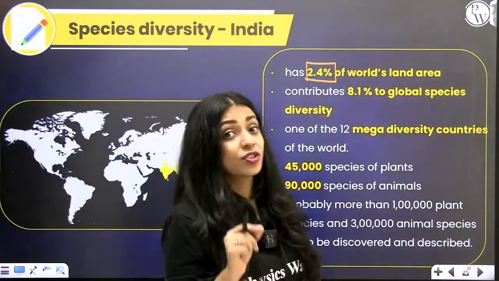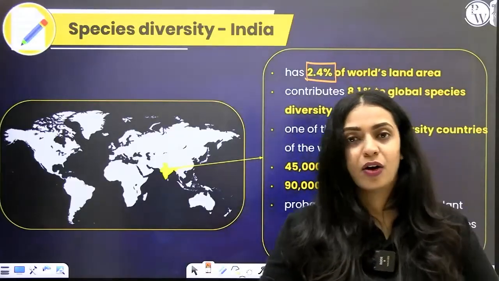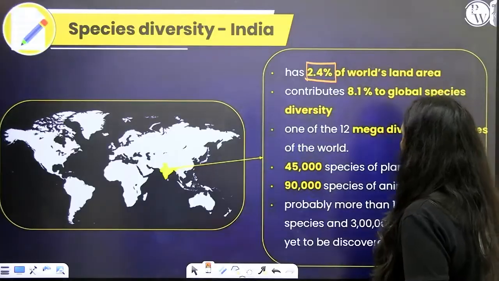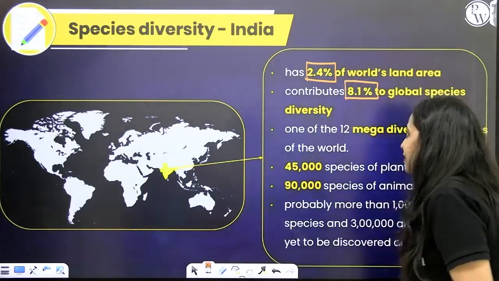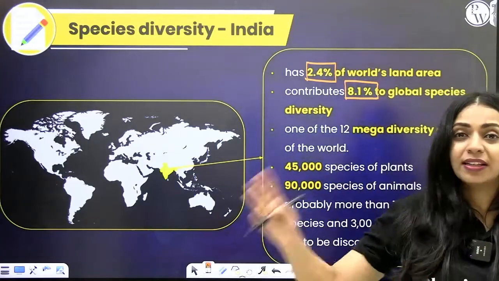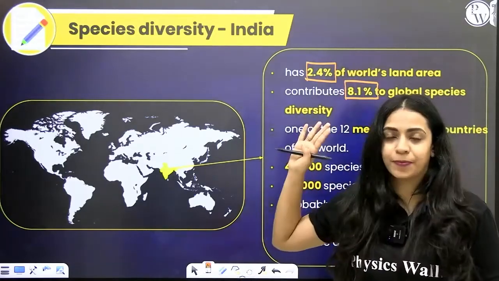Despite occupying just 2% of the land area of the entire world, its contribution to global species diversity is a staggering 8.1%. It's more than thrice its land area.